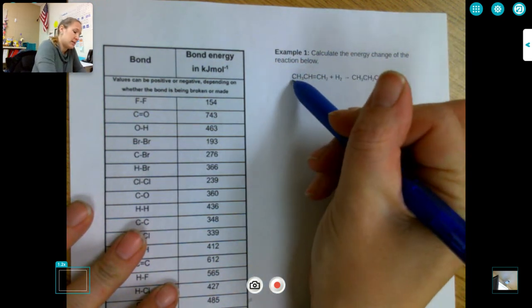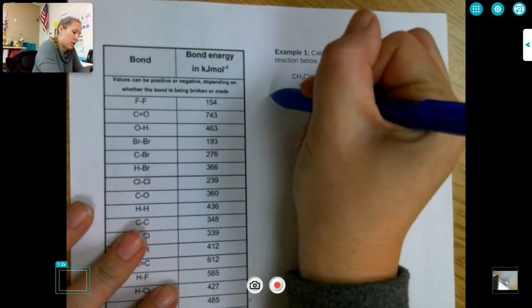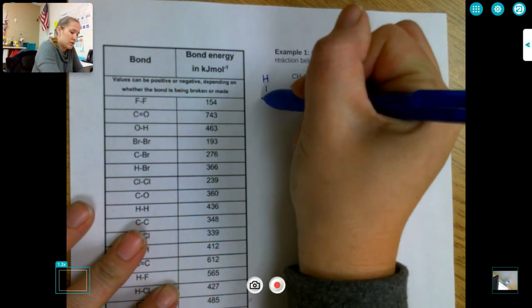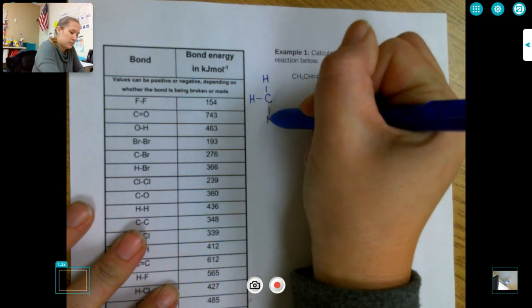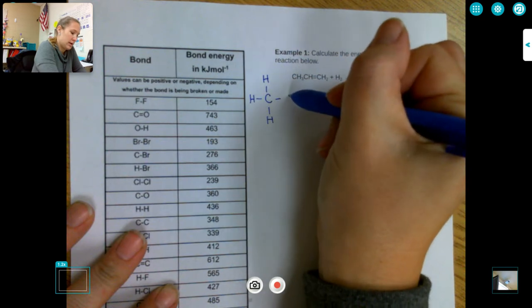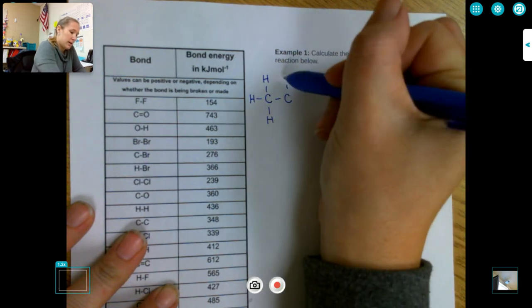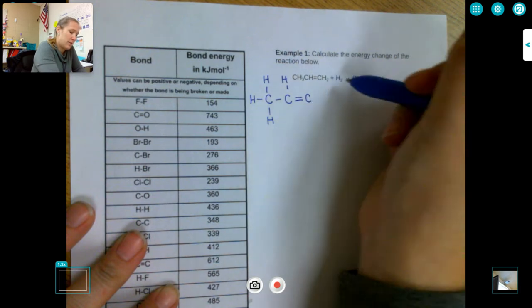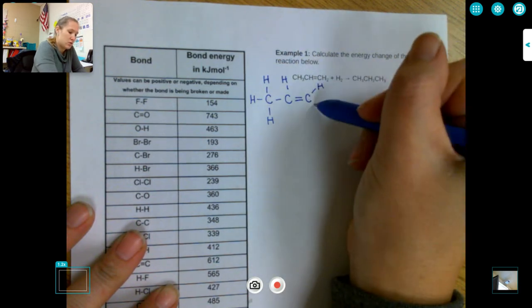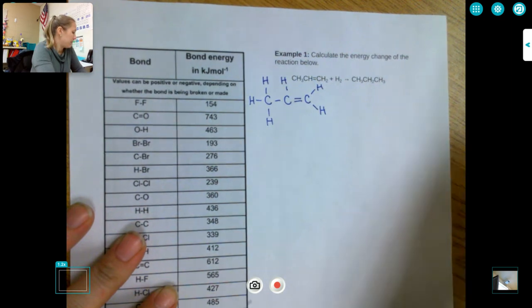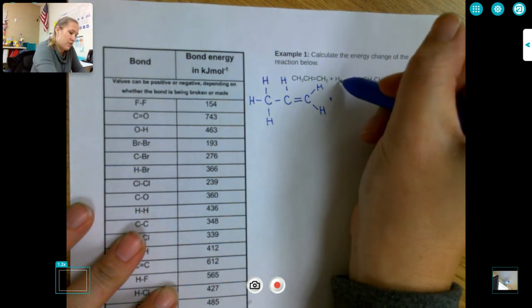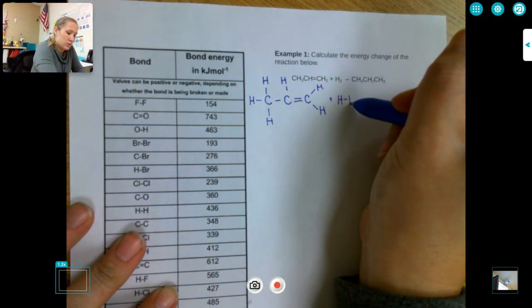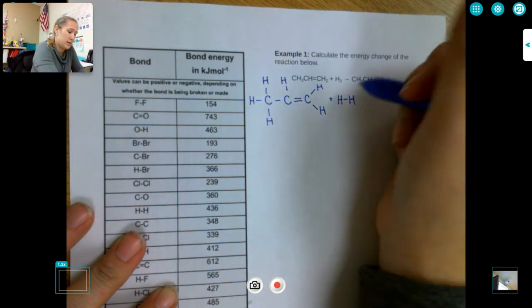So we have things written like this, CH3CH. That means I have a carbon with 3 hydrogens around it. That's my CH3, linked to a carbon with a hydrogen, double bonded to another carbon, and then 2 hydrogens coming out. Then I have H2, so 2 hydrogens together.